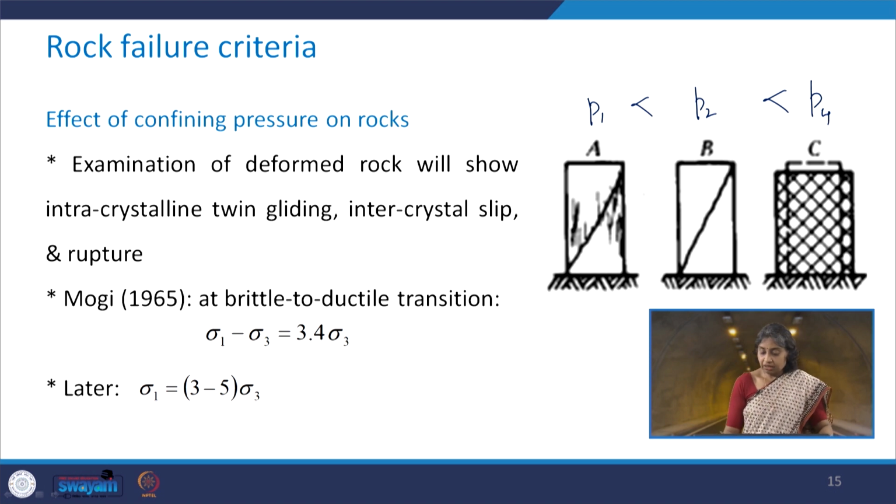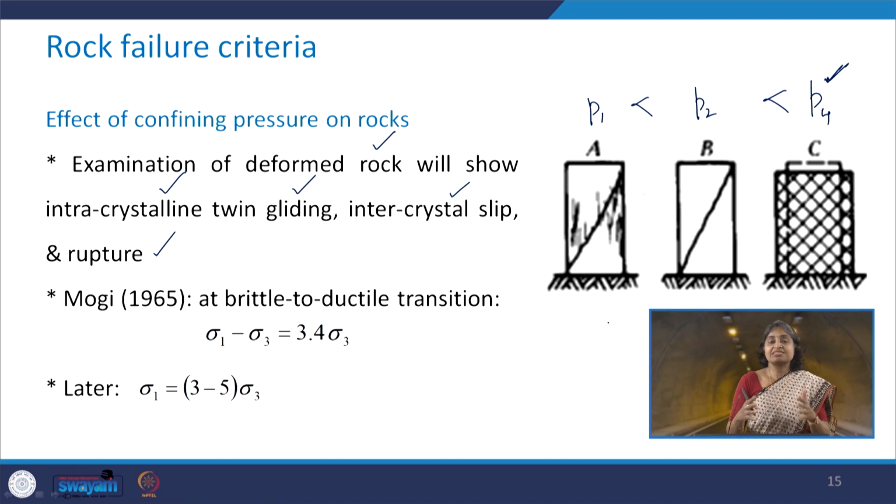So, you can notice how the failure mode is changed when you are increasing the confining pressure. So, if you examine these deformed rocks, that will show you that there is intracrystalline twin gliding, intercrystal slip and the rupture. So, the question is what should be the brittle to ductile transition pressure, how to get that.